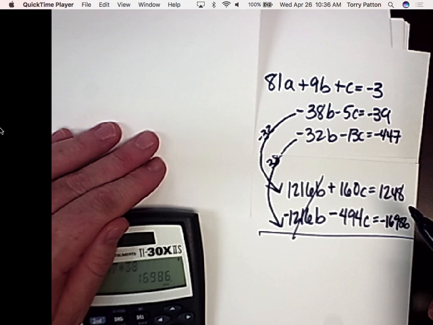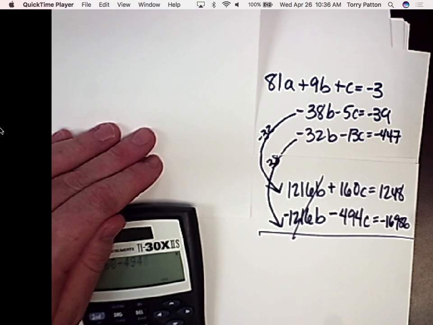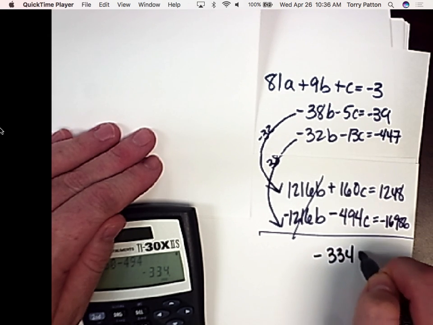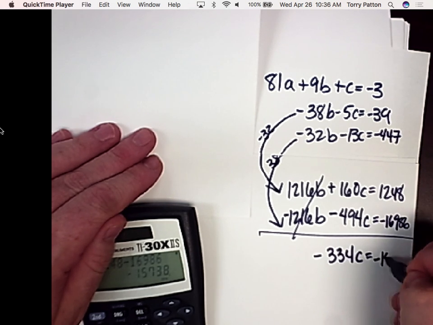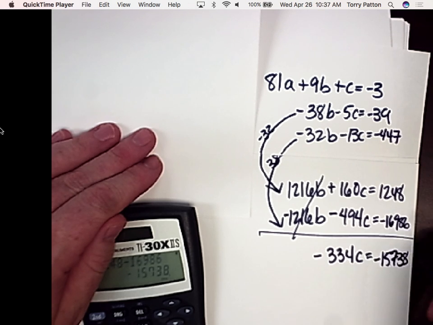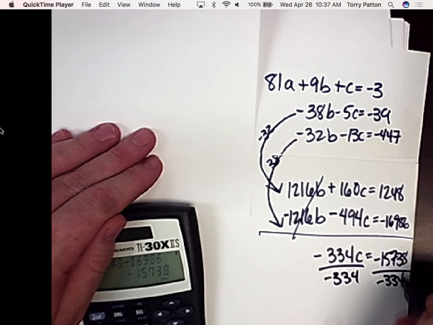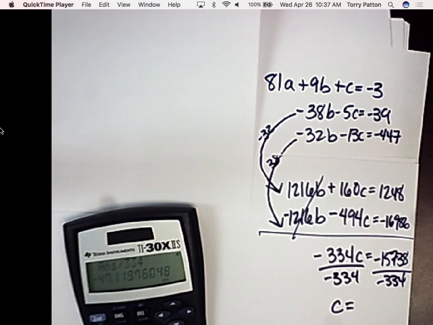We're almost there. That becomes 160 minus 494. I would not make y'all do this without a calculator. Negative 334c equals 1248 minus 16,986, negative 15,738. We divide both sides by negative 334. Please, God, let this work out. And it didn't.